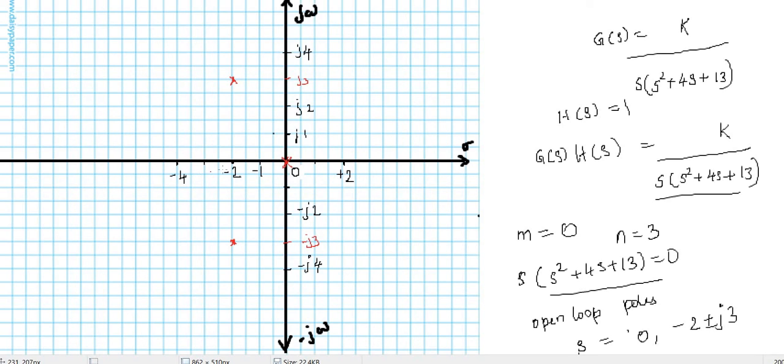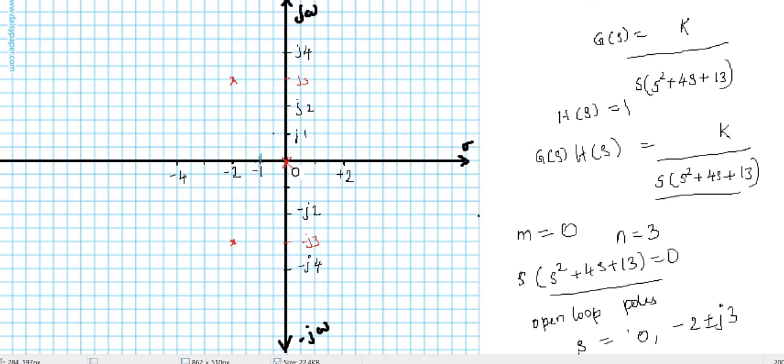Here I am taking the arbitrary checkpoint as -1.